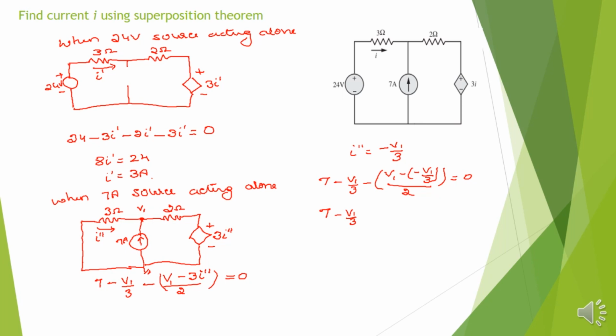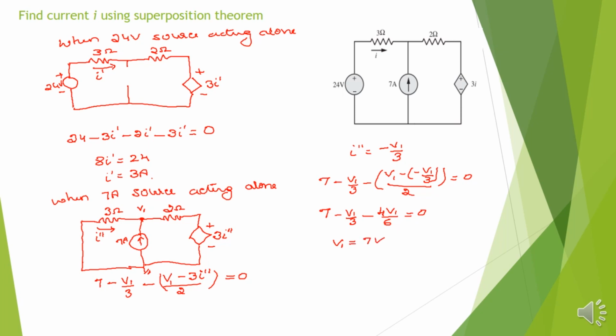V1 plus V1 by 3, so 4 V1 by 3, so it is minus 4 V1 by 6 equal to 0. So what happens to this if I take LCM common? V1 by 3 minus 4 V1 by 3. So this is V1 equal to 7 volt.